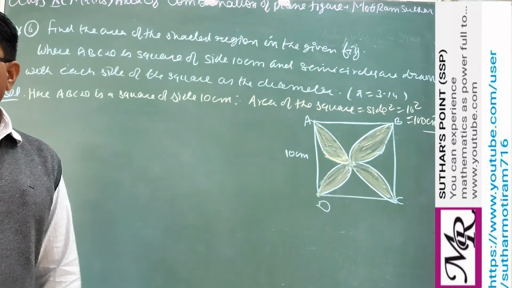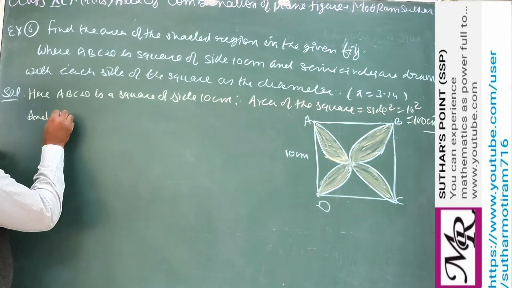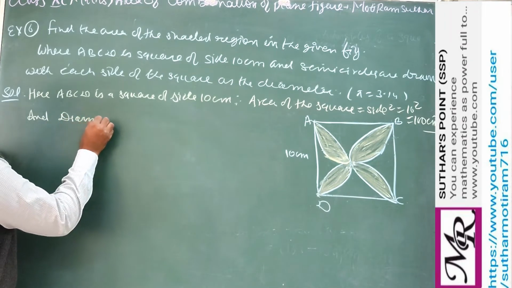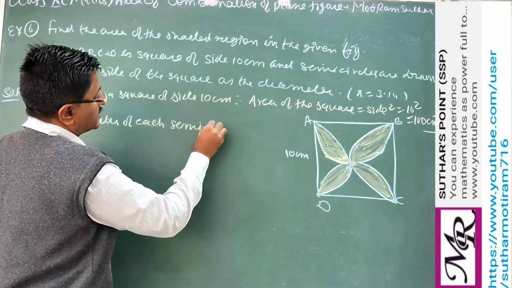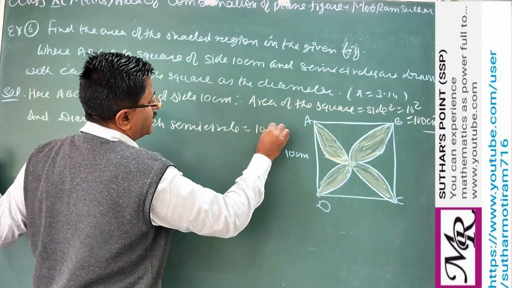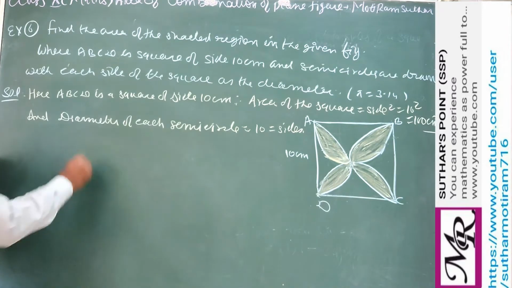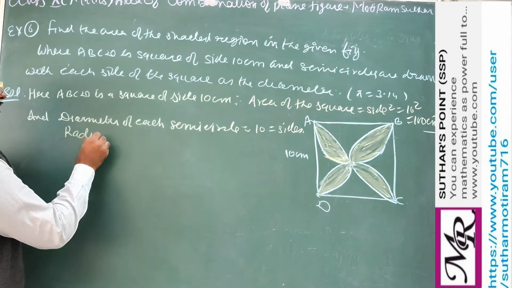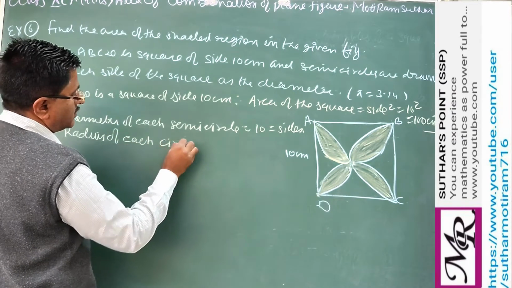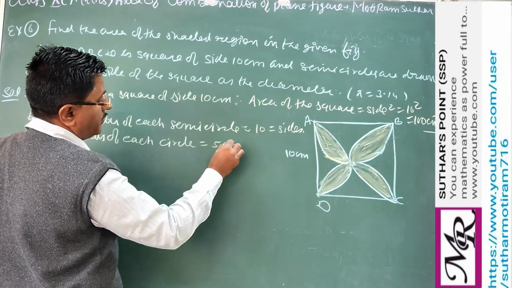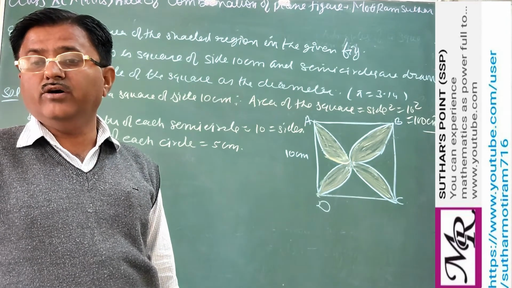So we get the area of this. The diameter of each semicircle is equal to 10 centimeter, equal to the side of the square. So the radius of each semicircle is equal to 5 centimeter.